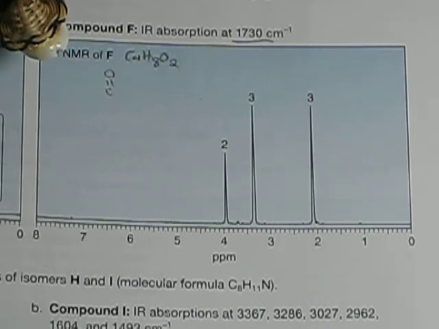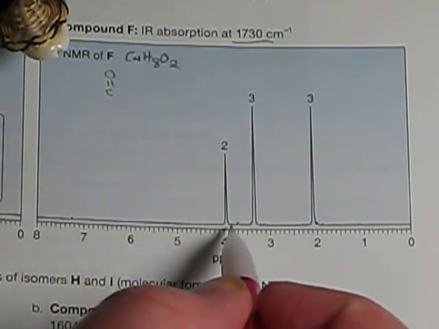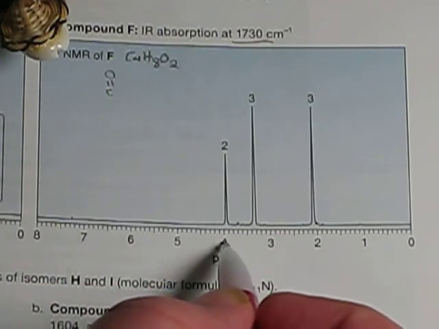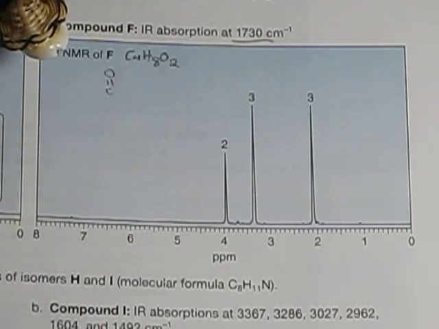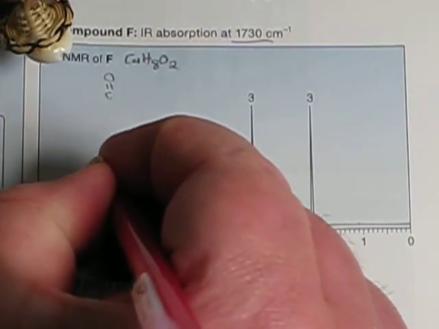Start downfield. Okay, we got this peak here. 4 ppm integrates to 2, singlet. What does that mean? Well, integrates to 2. That's telling me CH2.